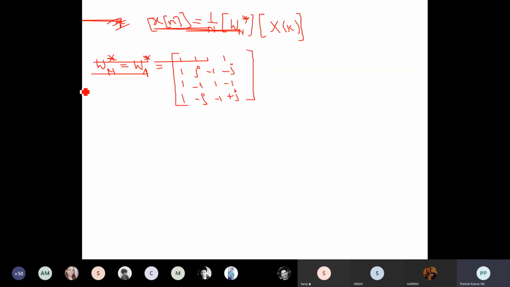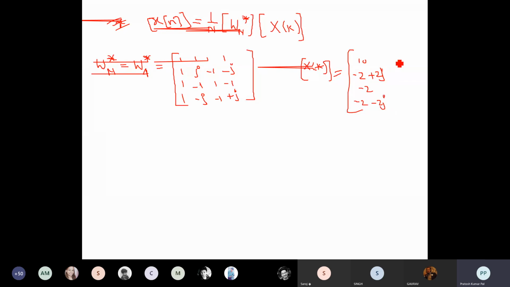So once we get the complex conjugate of W4, and also we have the x of k value. So x of k matrix we already have. It was 10, minus 2 plus 2j, minus 2, minus 2 minus 2j.